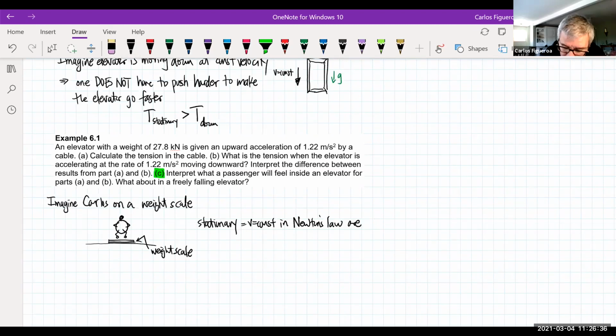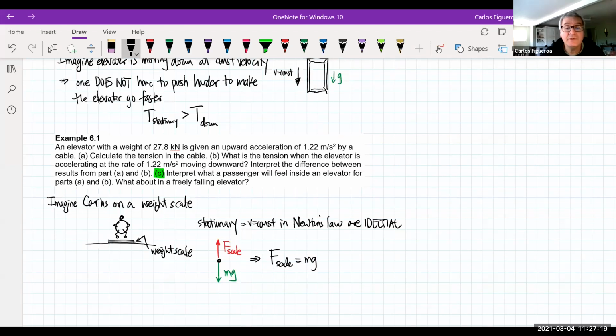So if they're identical, what am I actually seeing here? What I'm seeing here is that I can't tell the difference between the force of gravity and the weight scale pushing up here. So this would be the weight scale. And in this scenario, the force of the scale reading is going to be the same as the force of gravity. So these guys are going to look exactly like this here.